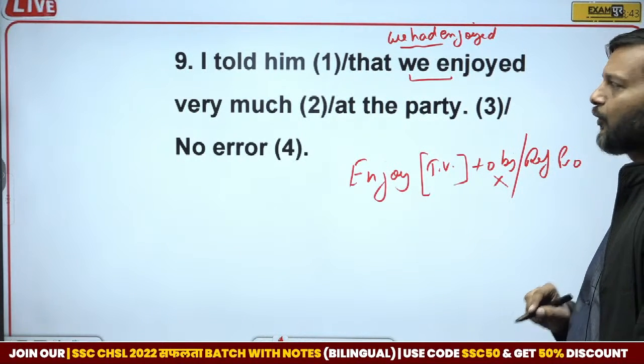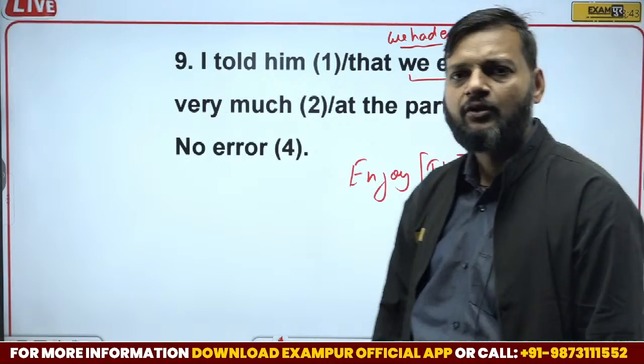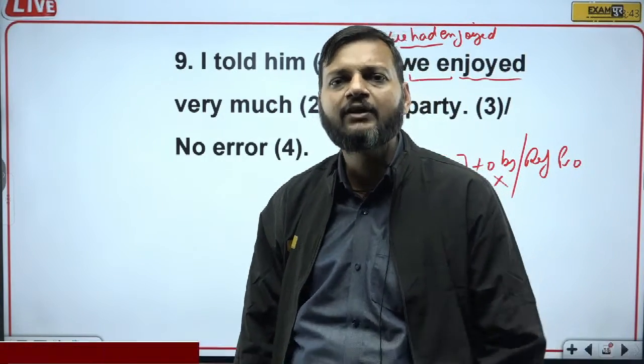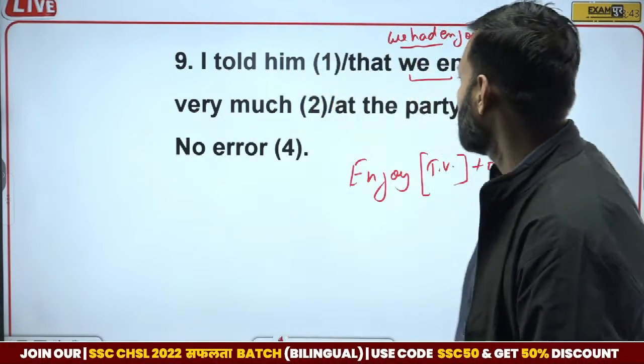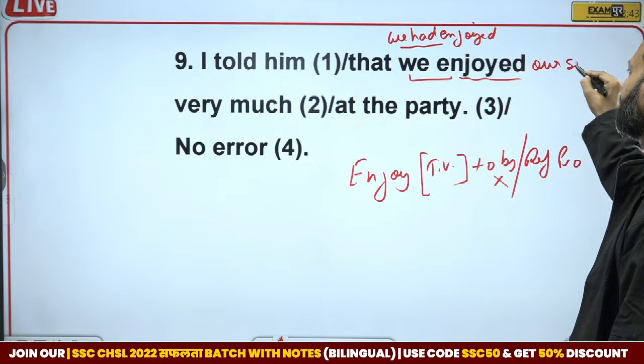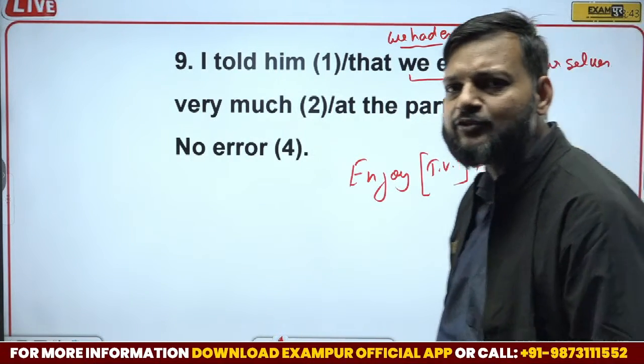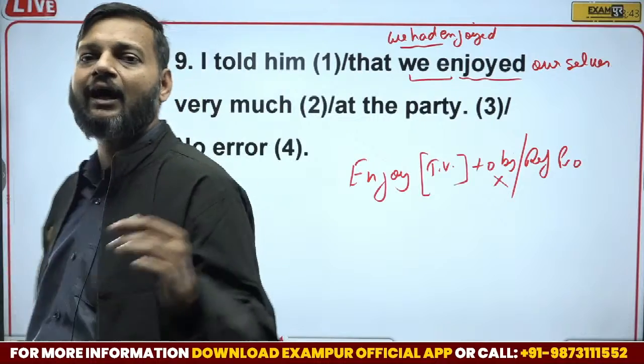As we can see, there is no object after enjoy, so we must use a reflexive pronoun. Since the subject is we, the reflexive should be ourselves. So we enjoyed will be replaced by we had enjoyed ourselves.